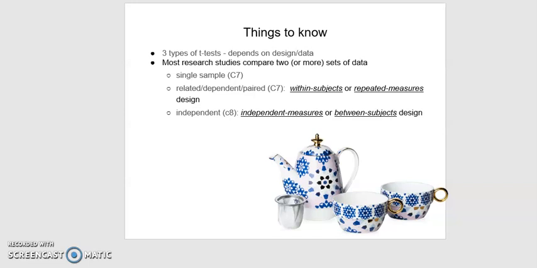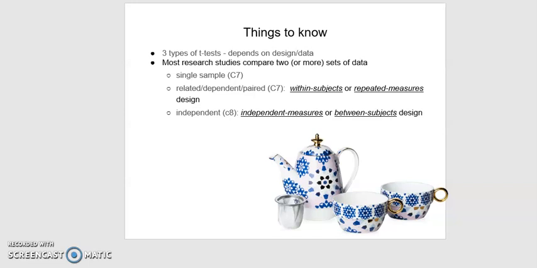If it is the case where it's the same people being tested multiple times, and the multiple times is only two for T for two, it's going to be the case where I get a cup of tea and then I'm going to have another cup of tea, or you get a cup of tea and you're going to have another cup of tea. So again, same participants being tested twice. That is the within subjects design for a related, dependent, paired t-test. We can also call it repeated measures.